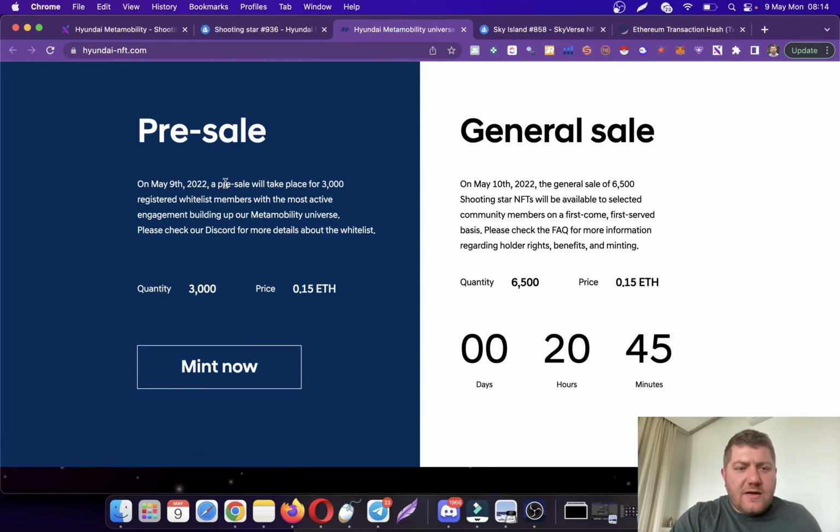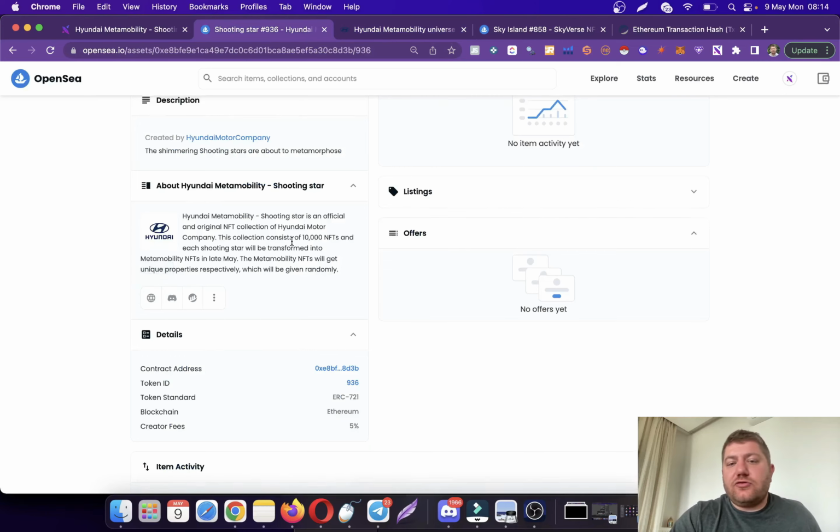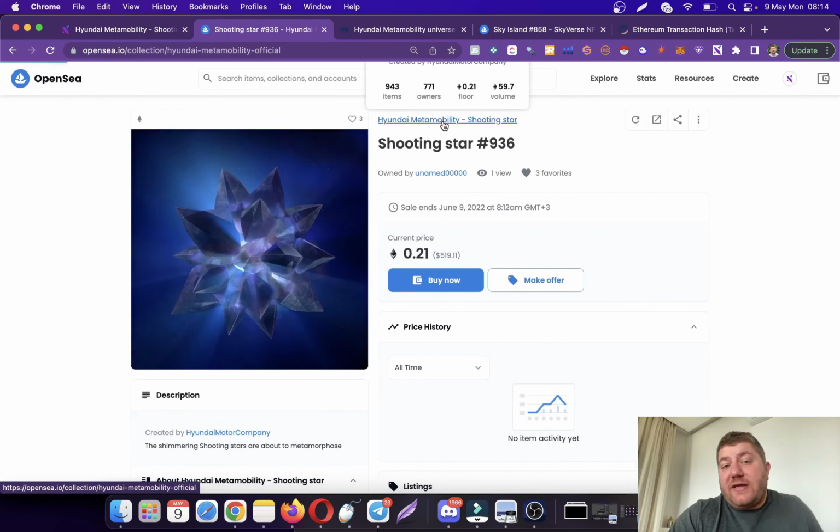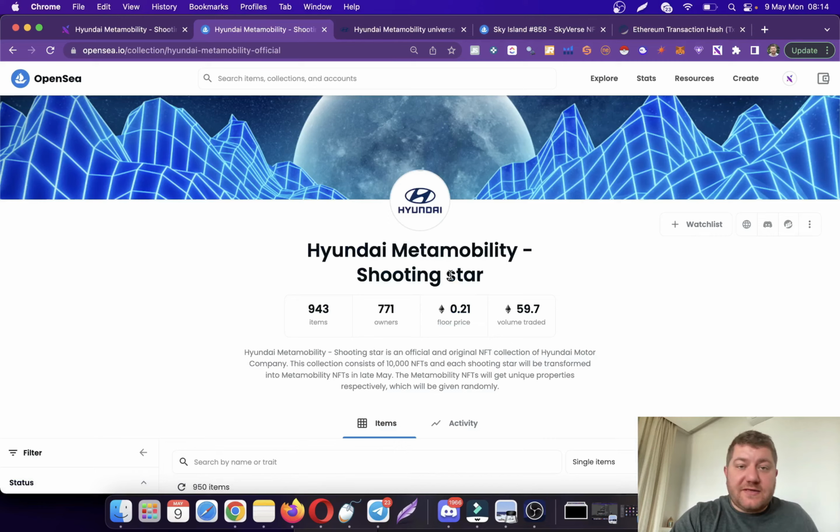So right now there are 3,000 registered whitelist members who are minting, and then there is going to be the general sale. You might want to pick something up from the general sale if it is open to the public, or you might want to get it from OpenSea directly if there is not a huge price difference.